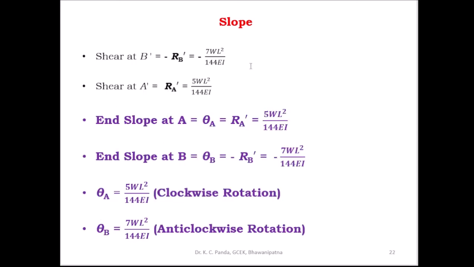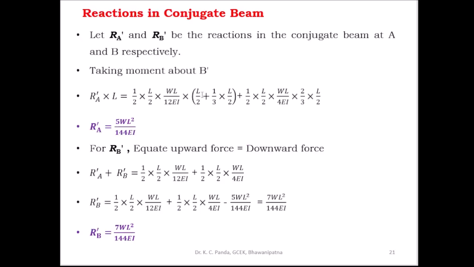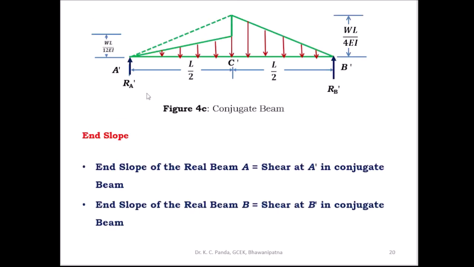Then find out the slope. First you find out what is the shear at B dash and what is the shear at A dash. The shear at B dash is equal to minus RB dash, as the reaction at B dash is in the upward direction. So the right side upward force you have to take negative, and the left side upward force you have to take positive.